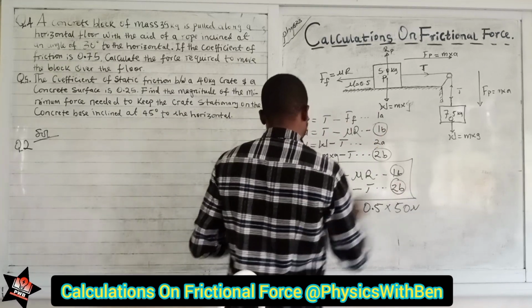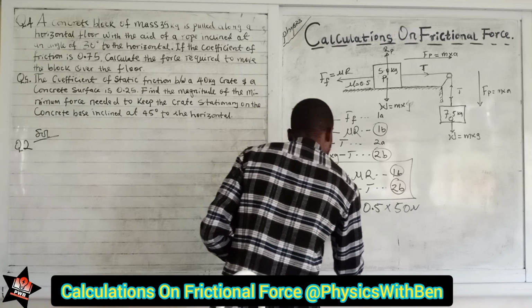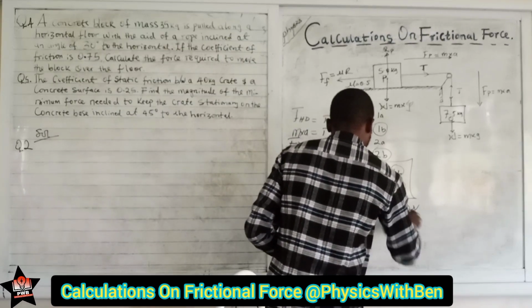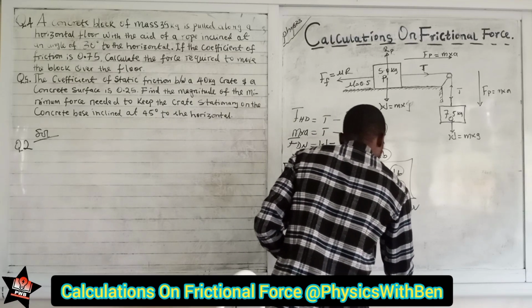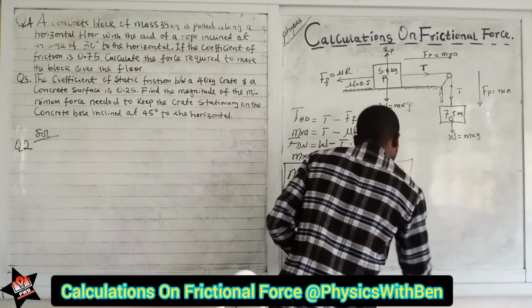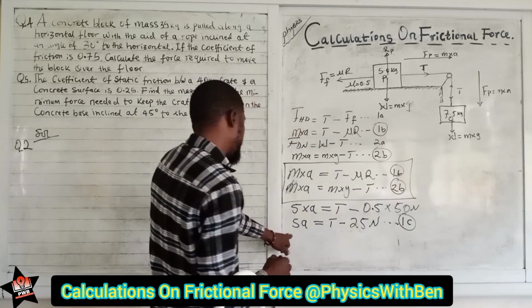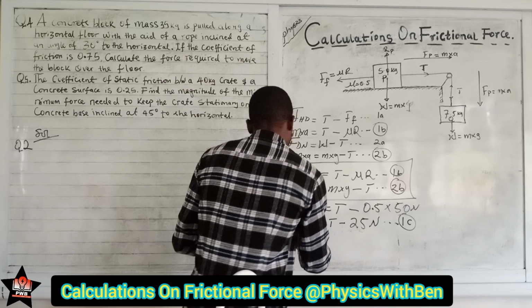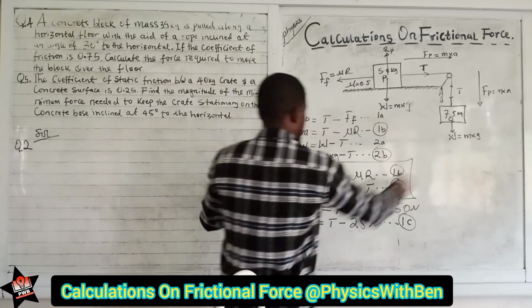So if we expand correctly, we'll have 5A is equal to T minus, this times 50, you have minus 25 Newton. You call this equation 1C. So we work on the next one, which is this mass. This is the downward one.